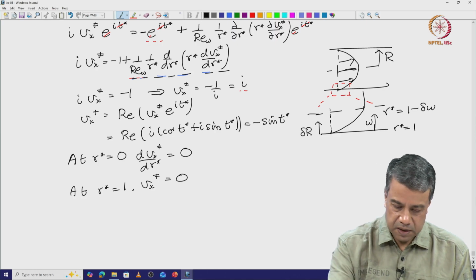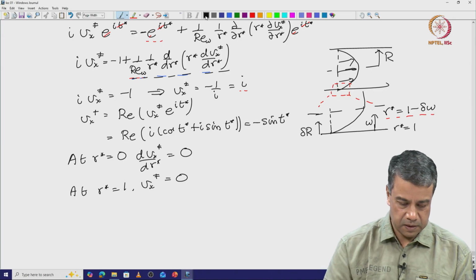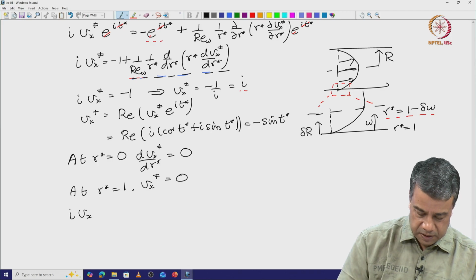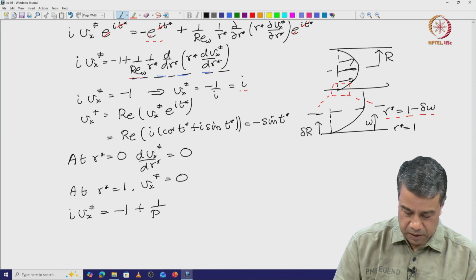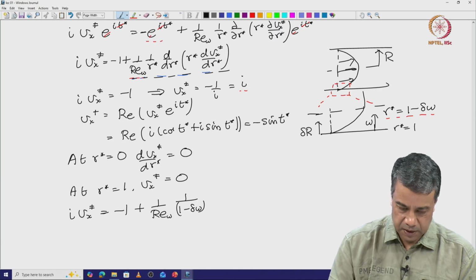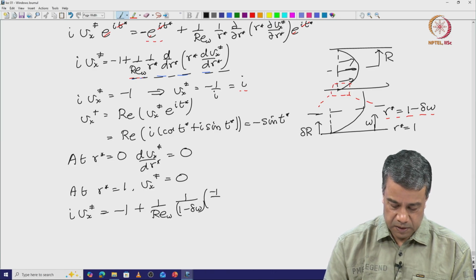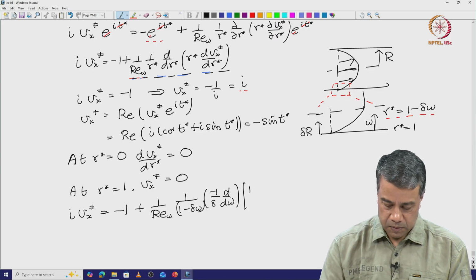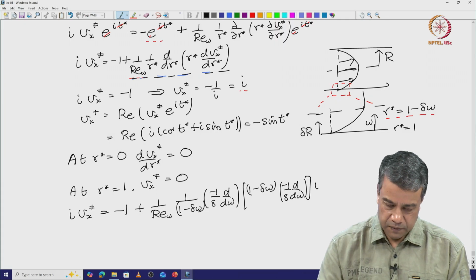So, substitute this r star equal to 1 minus delta w into the conservation equation. I Vx double dagger is equal to minus 1 plus 1 by Re omega, times 1 by r star, which is 1 by 1 minus delta w. D by dr will be minus 1 by delta d by dw, acting on r, which is 1 minus delta w, times minus 1 by delta d by dw of Vx double dagger.